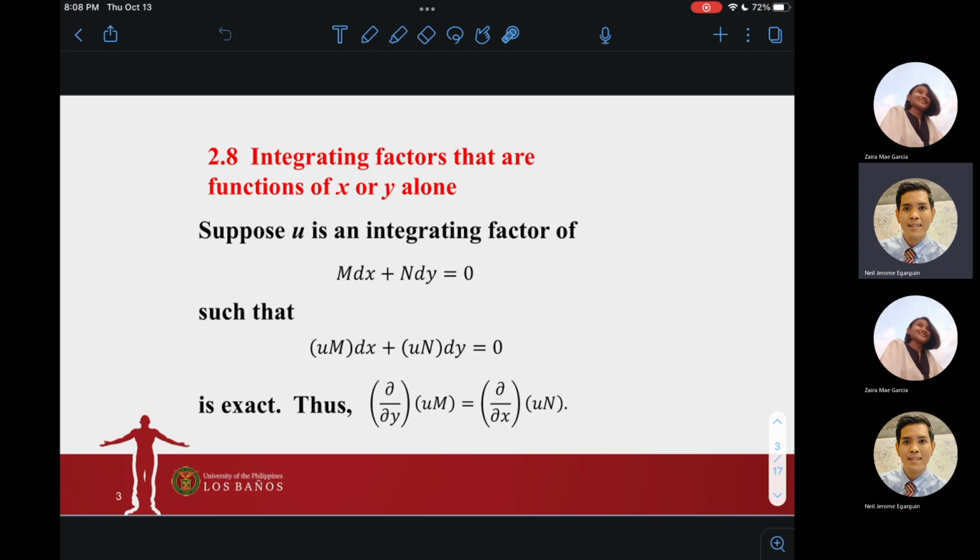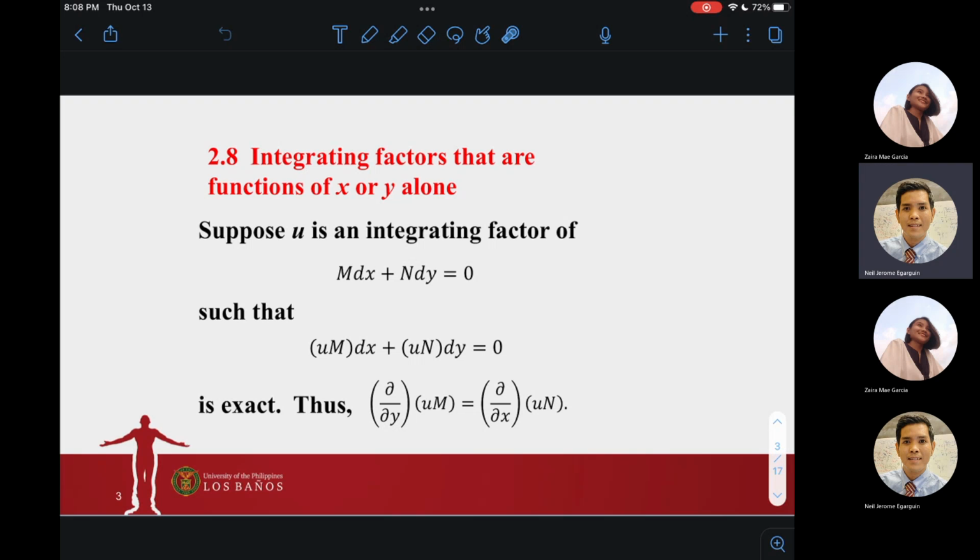But if your ODE, if this given ODE is not exact, maybe, just maybe, we can find an integrating factor u na siya ay magiging exact. Alright? So, ano yung idea? Humanap tayo ng isang function u na pag minultiply ko to both sides of our ODE, makukuha ko tong line na to, and then I am hoping that this new ODE will be exact. Alright? Kailan nga nagiging exact ang isang ODE?